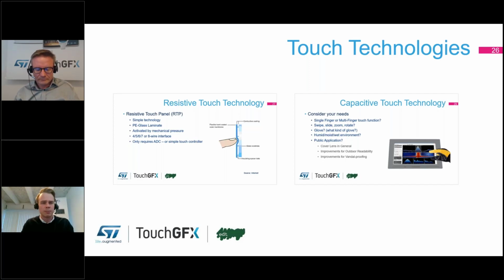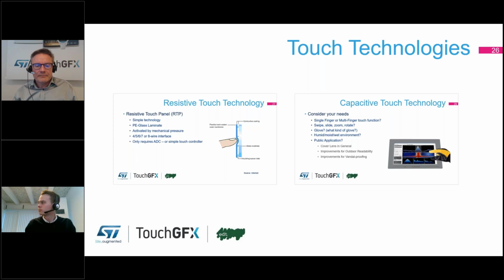We actually have one question about capacitive touch. Can I use gloves when I'm operating a capacitive touch screen, and do I need a special glove to operate one? You can use gloves on a capacitive touchscreen. I have seen the gloves that you can buy, which is handy when you want to use a glove on your smartphone, because those technologies are not really suited for glove usage.